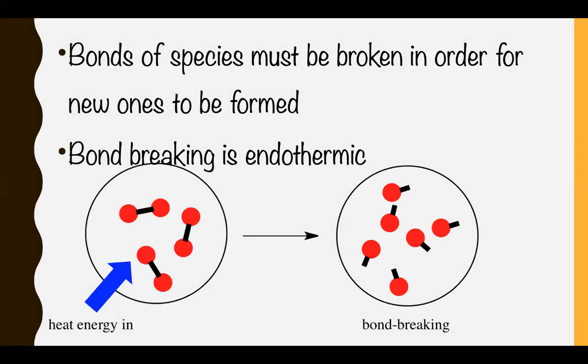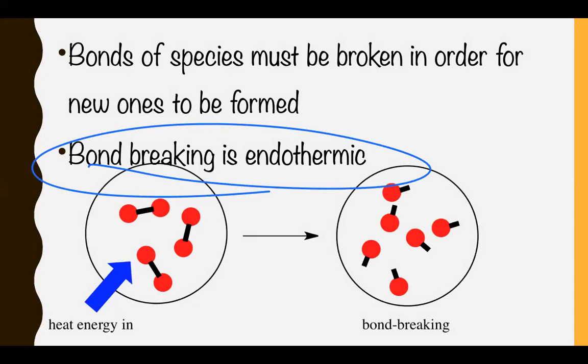This is because you have to break the bonds in the molecules of your reactants in order for them to form new bonds. Bond breaking is always endothermic. It always requires energy to break the bond.